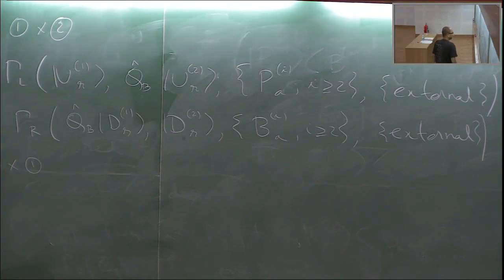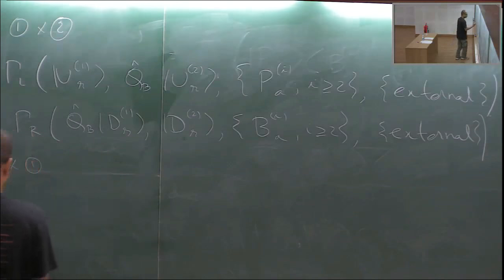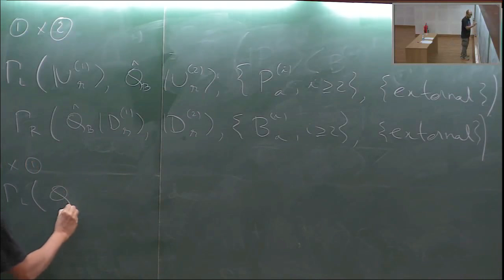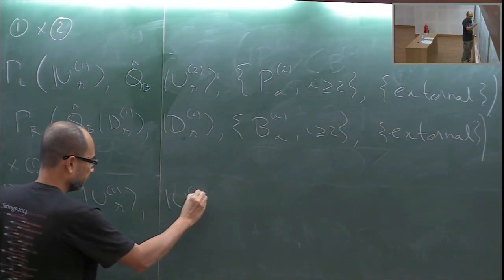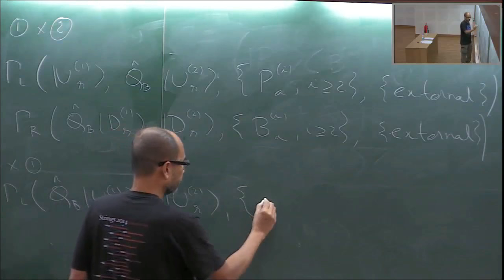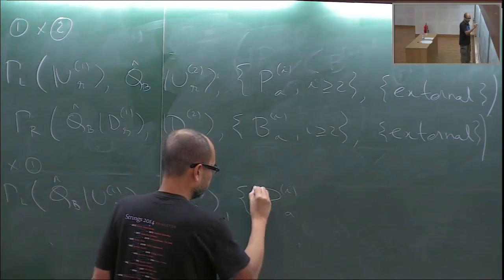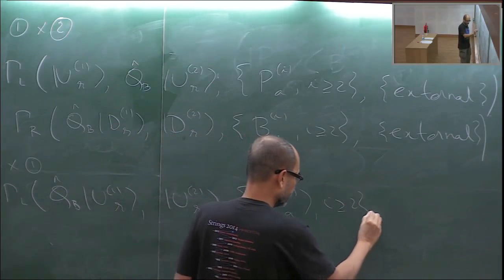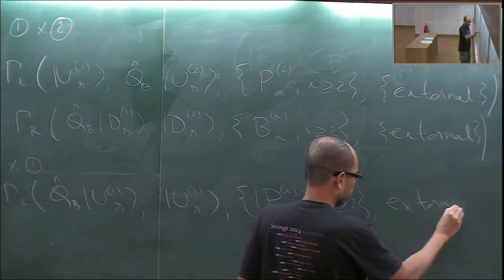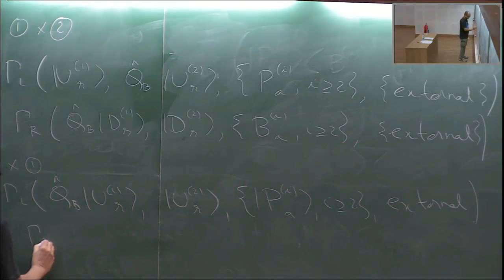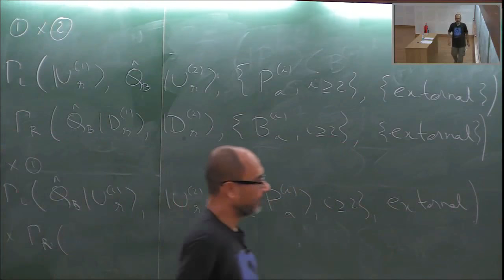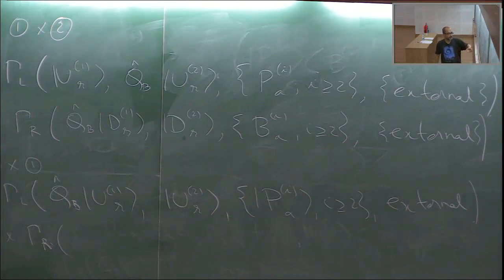So let's look at the gamma L first, and times gamma R. Gamma R, you see, it's 2 times 1, so D1R, and then QB hat D2R, and then the B's.